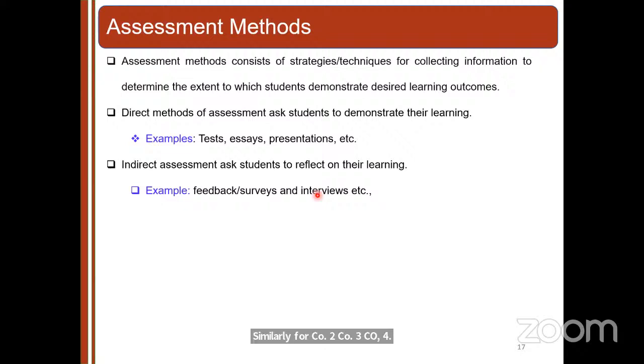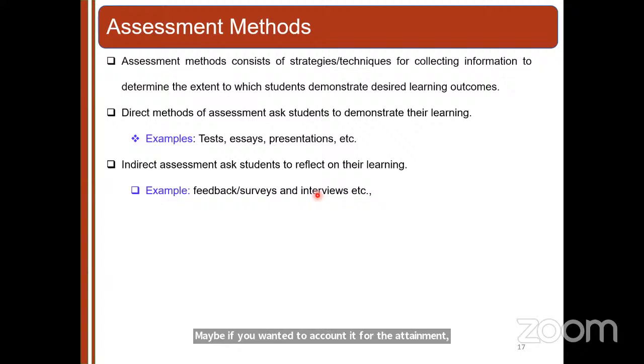So these indirect assessments also tell us how important they are in the assessment and evaluation process, because you are actually collecting information from the students, asking them whether they have understood and asking them to reflect on their learning practices. So it has to be taken twice every year. If you want to account it for attainment and evaluation, you can account it only once.